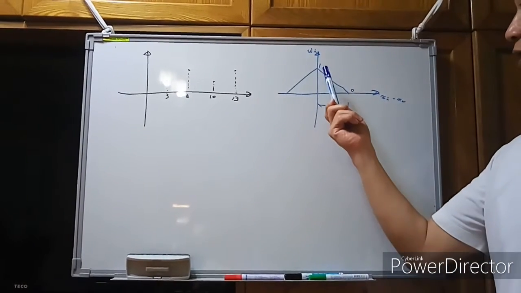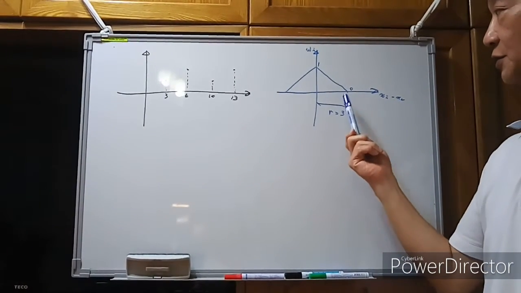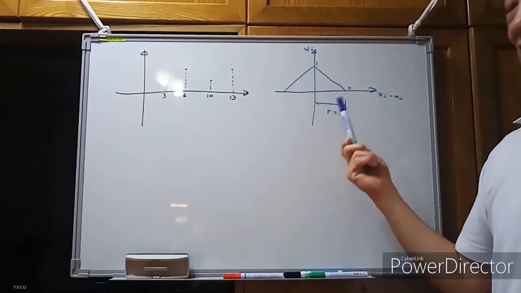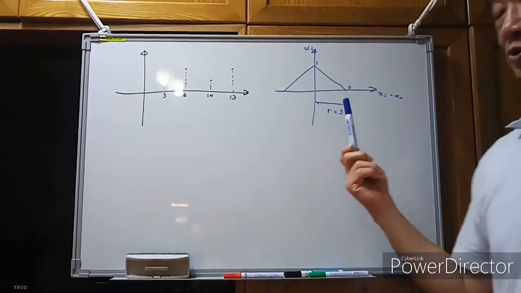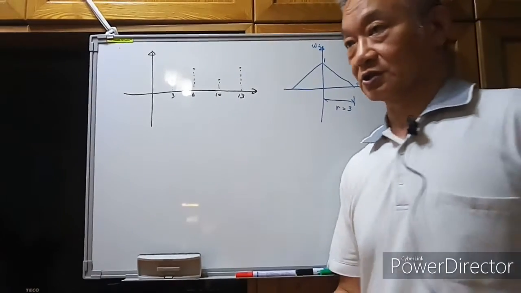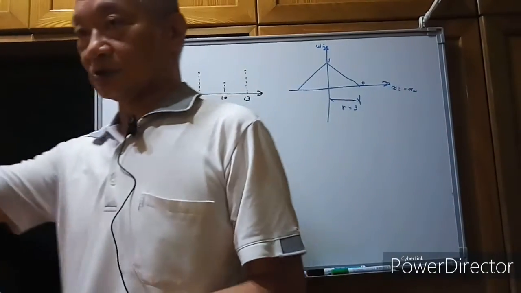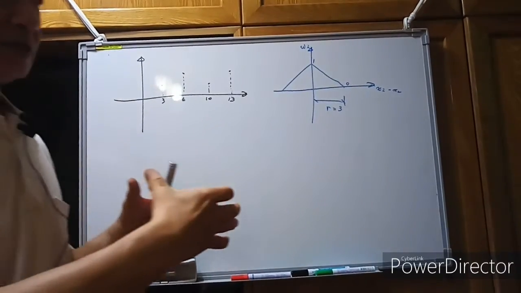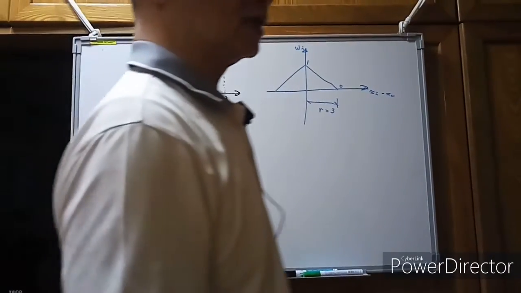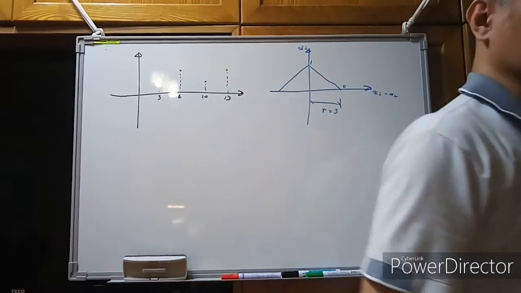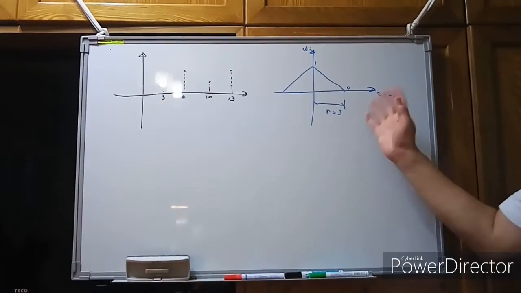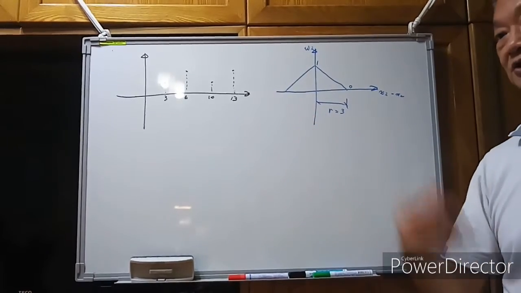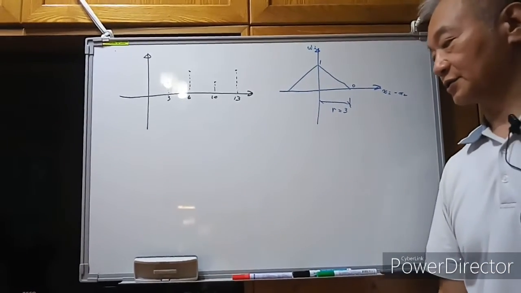And if the distance is equal to 3, this distance is also called the radius of influence. So inside this circle, the data points will be considered, but outside this radius, the points will not be considered.